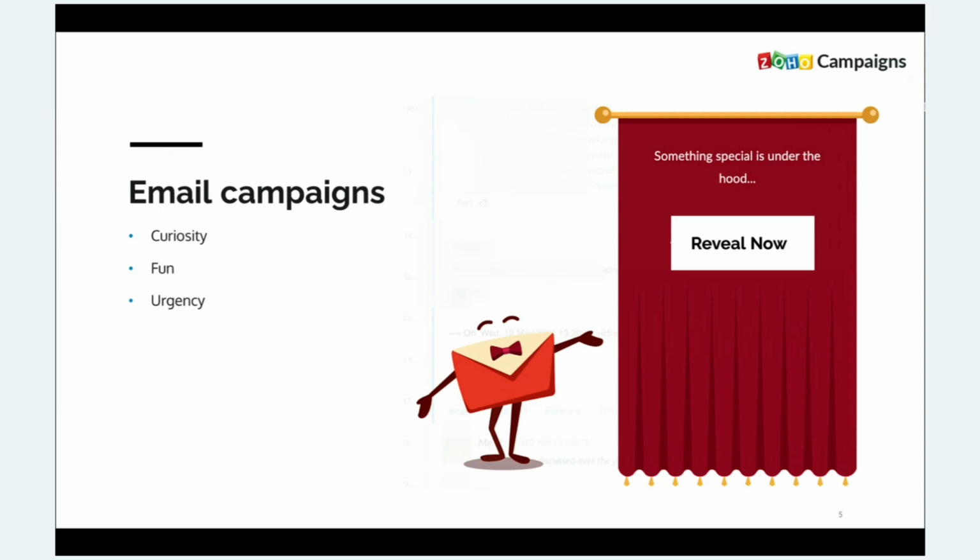Let's say, for example, if you are a product based company and you are going to launch a product update, what you would do is send out an email campaign to your customers saying that there is a product update. How about doing it in some other way?